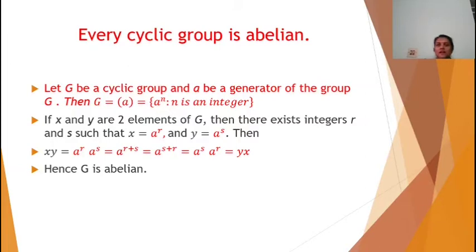Since integers are abelant under addition, we can replace r plus s with s plus r, which is equal to a raised to s into a raised to r, which is equal to yx. That is, xy equal to yx. Hence, G is abelian.